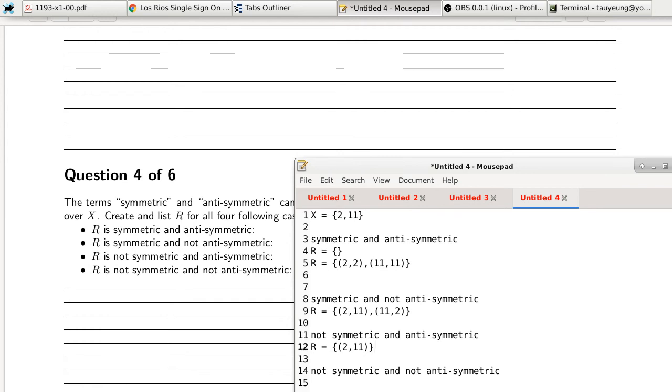When we look into not symmetric and anti-symmetric, then we have R also being (1,2). And we can certainly include reflexive elements in here too.